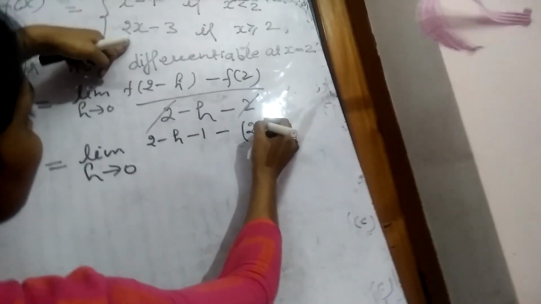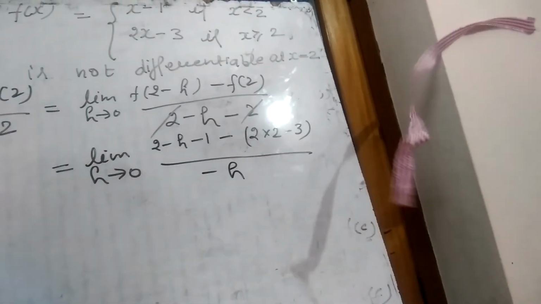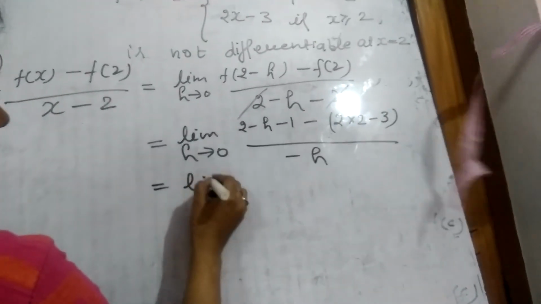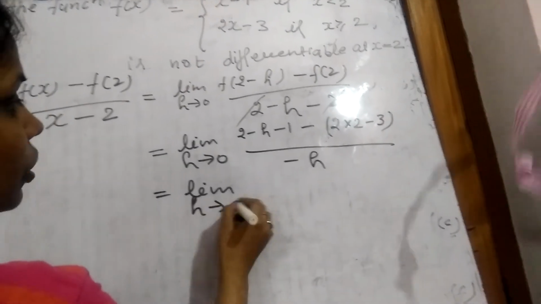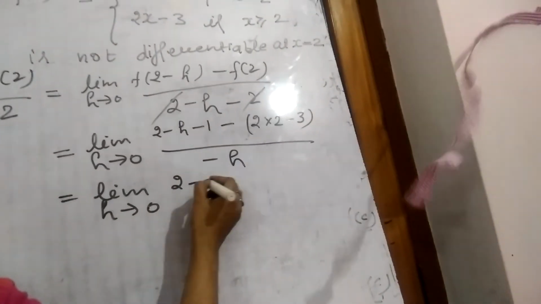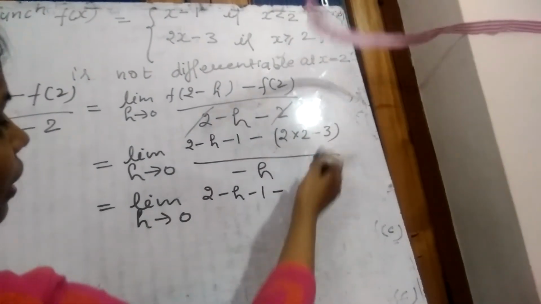When x is equal to 2, then f(x) is 2x - 3, which is 2 into 2 minus 3. So the limit as h tends to 0 of ((2 - h) - 1 - (4 - 3)) upon (-h).